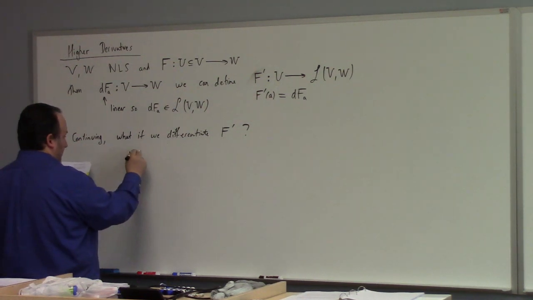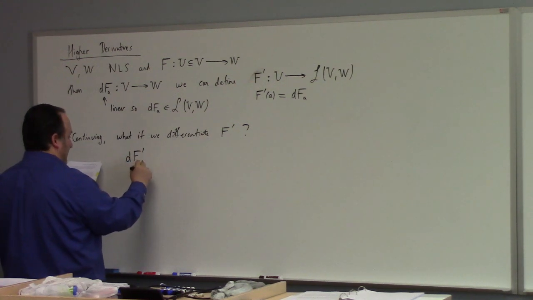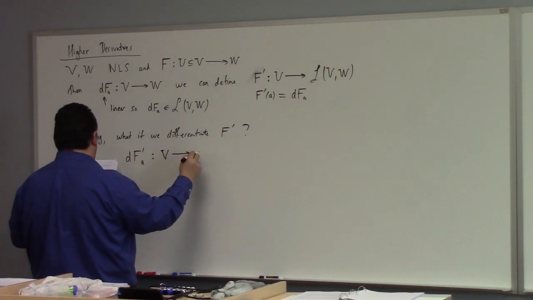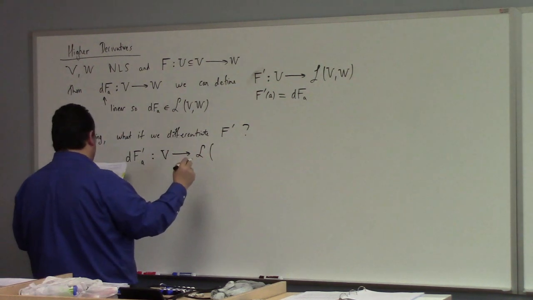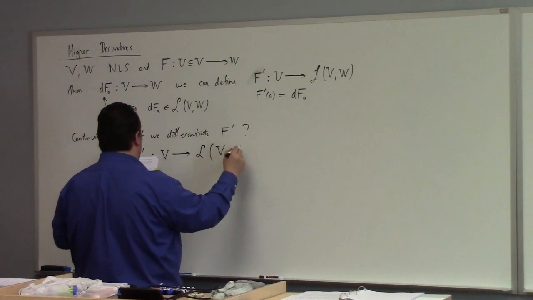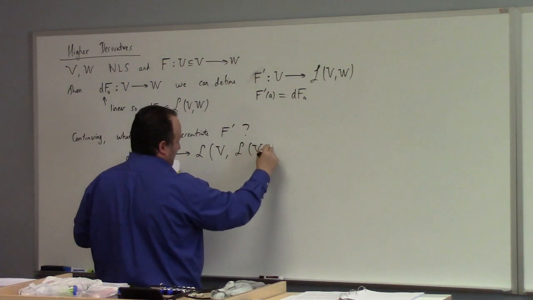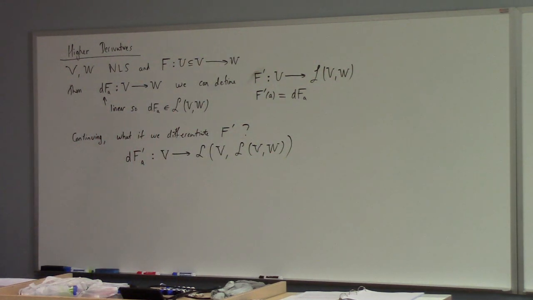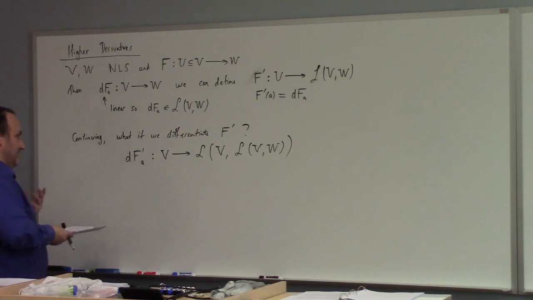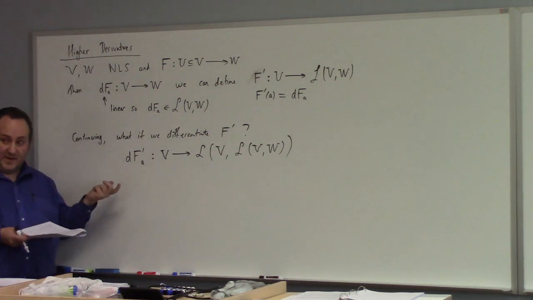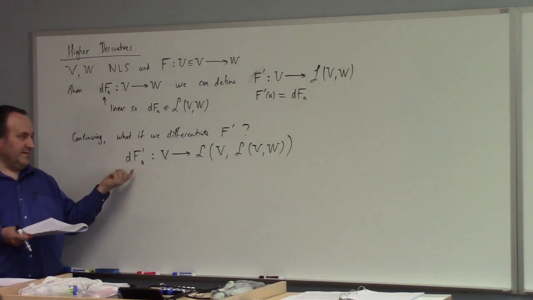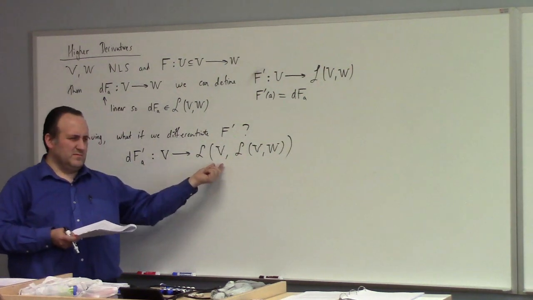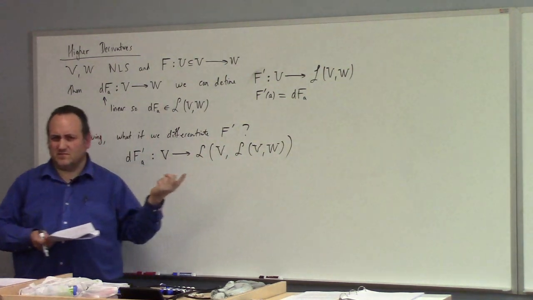D F prime sub A would be a mapping from V to the linear transformations from V to the linear transformations. This is starting to get really annoying. So the differential of the derivative map would itself be a linear transformation from V to linear transformations of V and W.